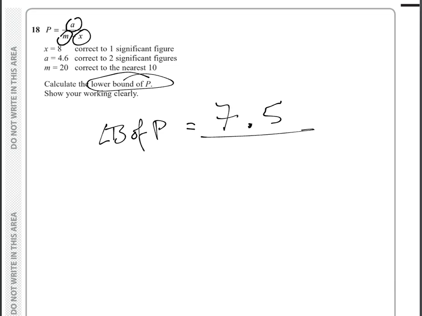Then we want the biggest M, so that's 25. Take away the smallest X, so that's two significant figures, smallest X, 4.55. Okay, if you don't know about bounds and why I've done the 0.5 either side, then you will need to go and look that up.